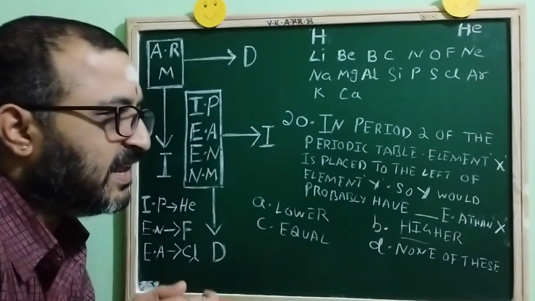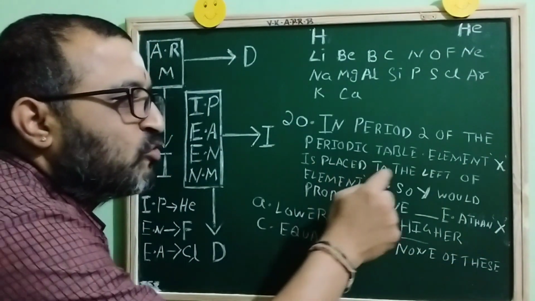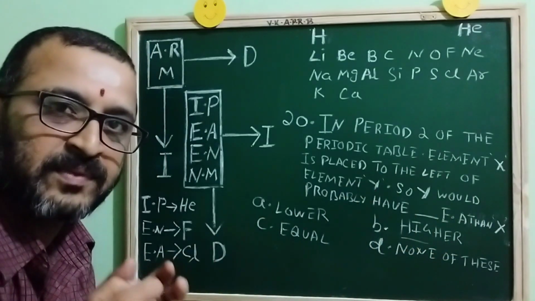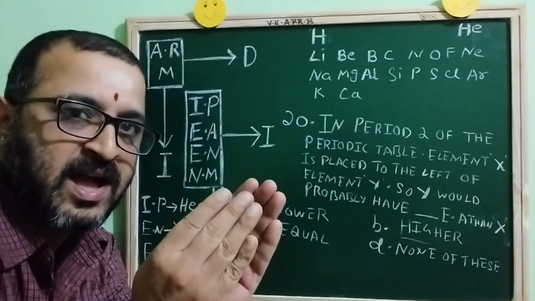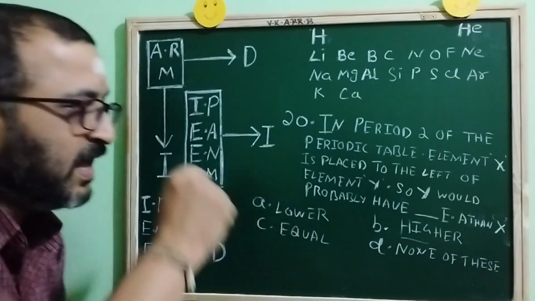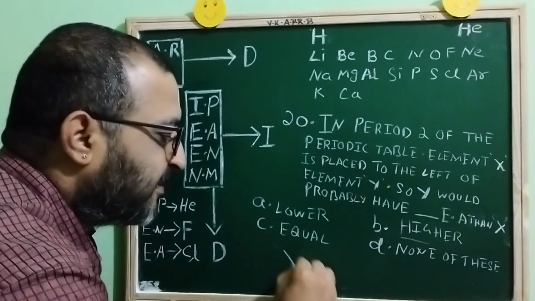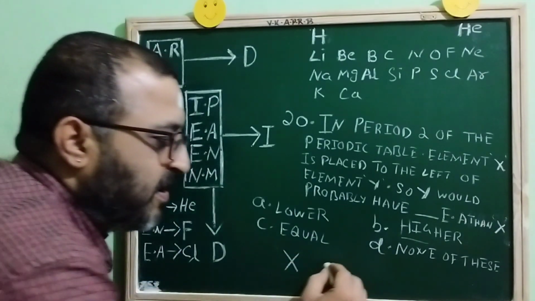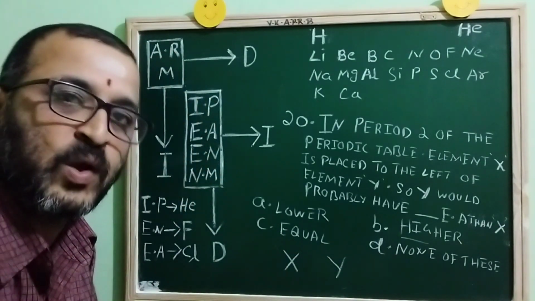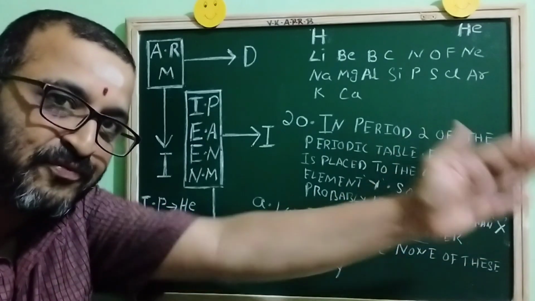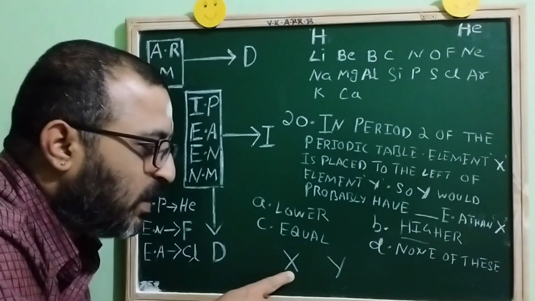So, what they are telling is that X is placed to the left of element Y. If X is placed to the left of Y, when we go across the period, who will come first? Obviously, X will come first and then Y, because they are telling left of Y.